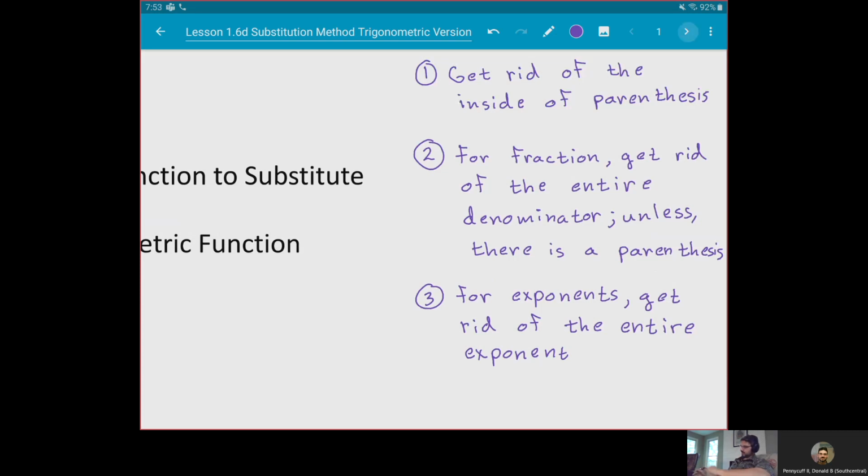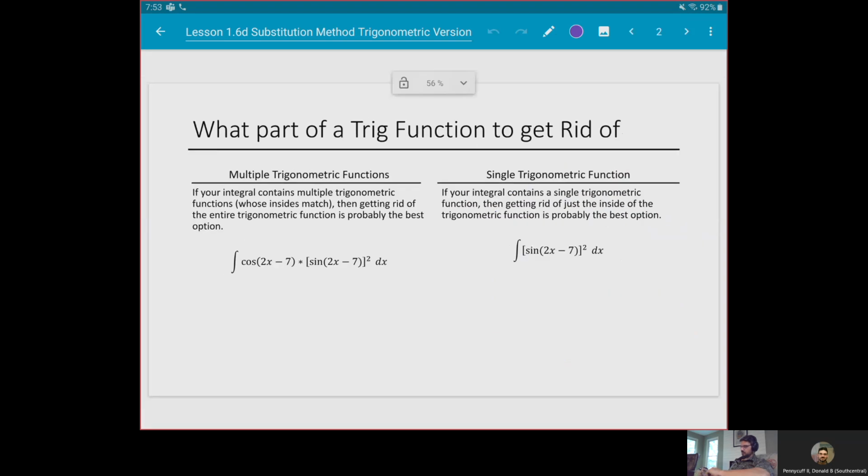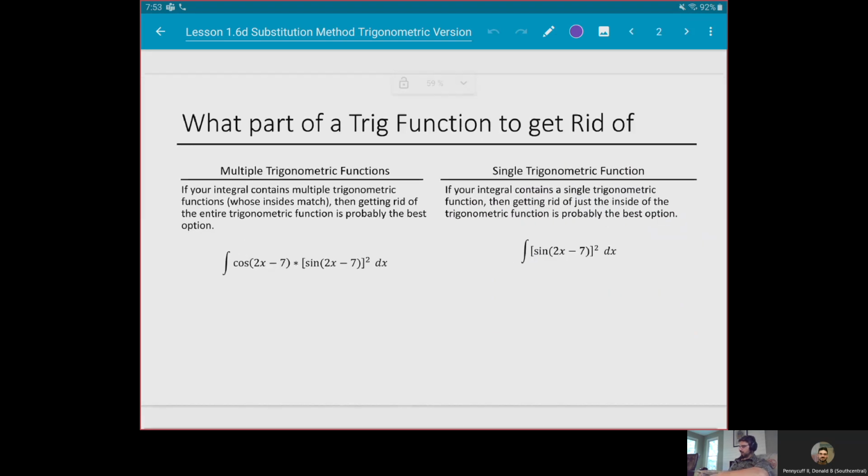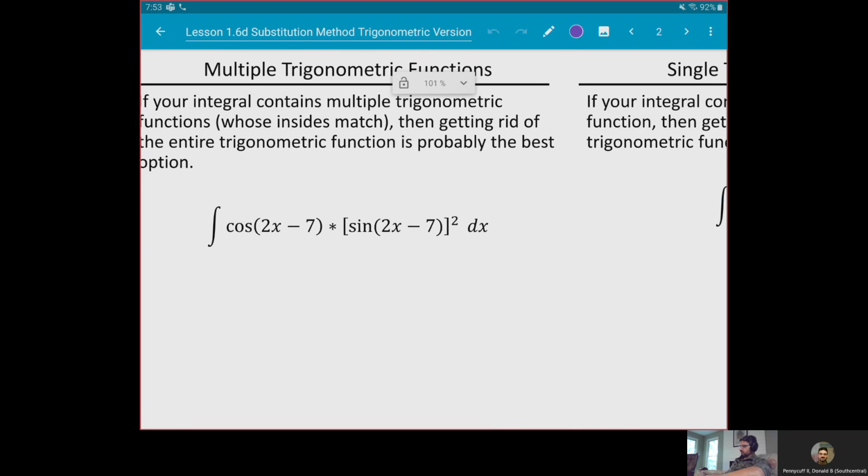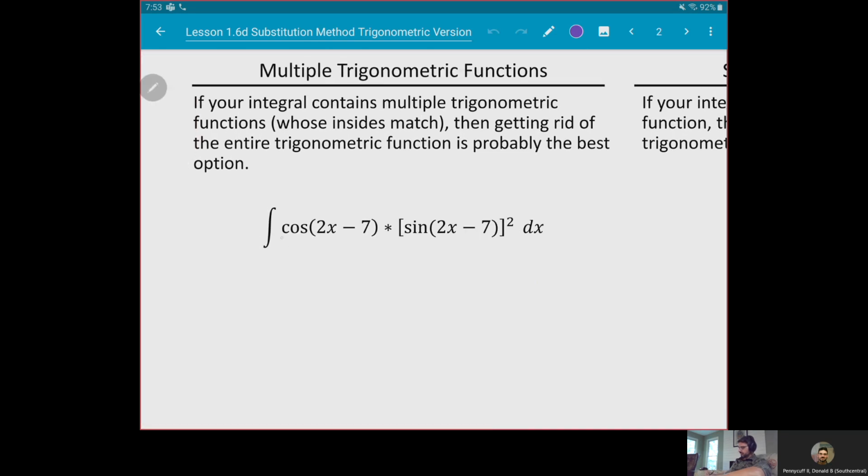So the only thing that can really mess these up is trig. So let's look at our two trig rules. If you have multiple trig functions, so cosine and sine, you are going to get rid of one of those trig functions, the entire trig function itself.